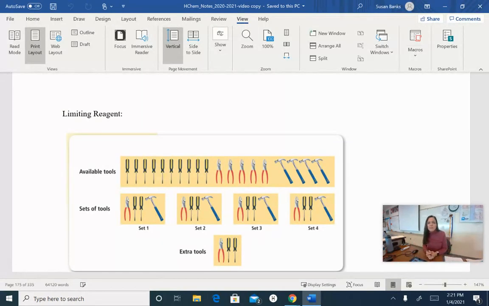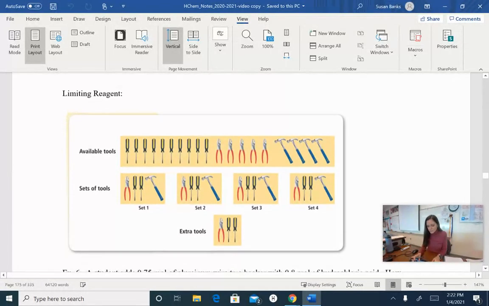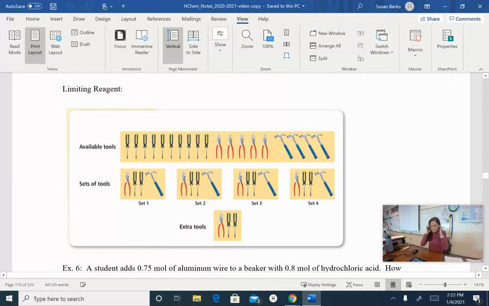So a limiting reagent, or limiting reactant as it's sometimes called, is the reactant that we start with that we run out of first. Let's do a little example here. I've got some tools: some screwdrivers, some pliers, and some hammers, and I want to make toolkits.